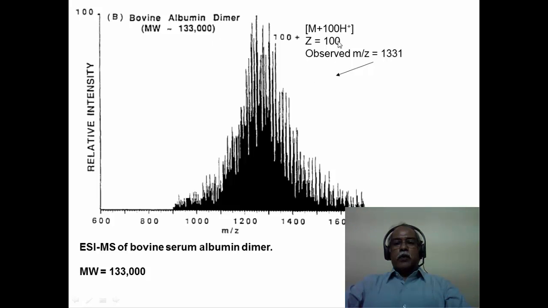In other words, this is protonated 100 times at various sites. So essentially the observed M by Z is 1,330. In other words, if you take the maximum abundant peak of this Gaussian distribution, this will correspond to 1,331. 1,331 times 100 corresponds to the molecular weight expected for this particular sample.